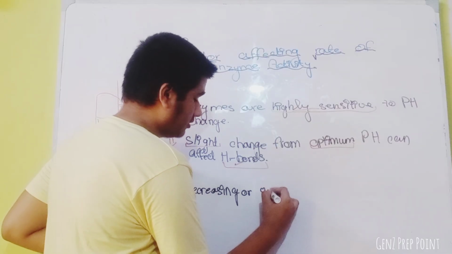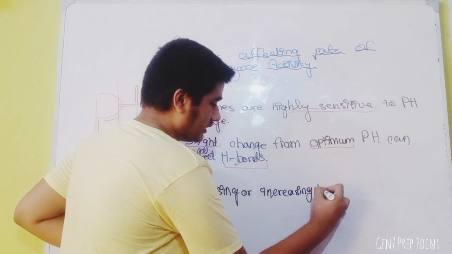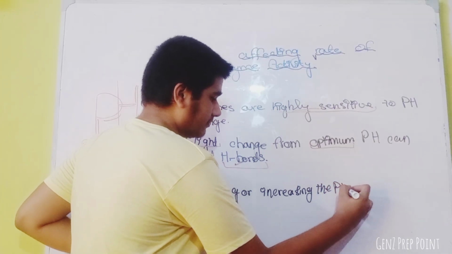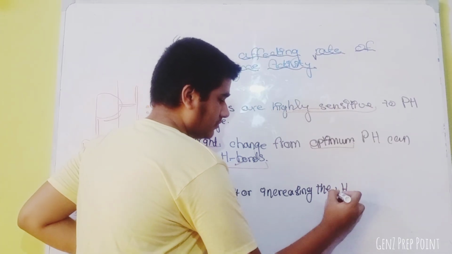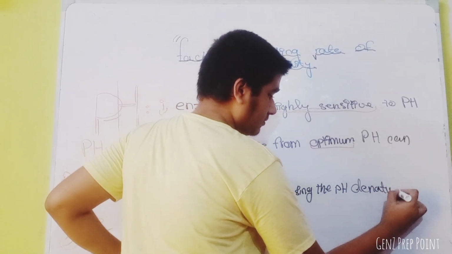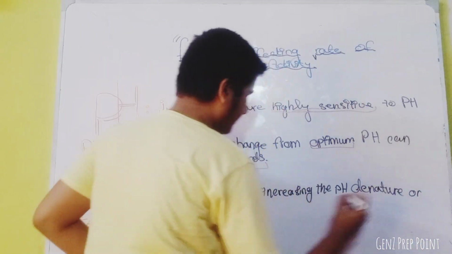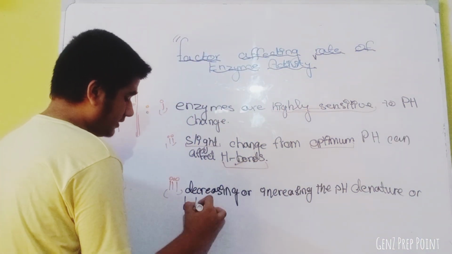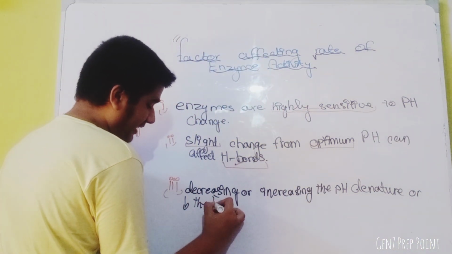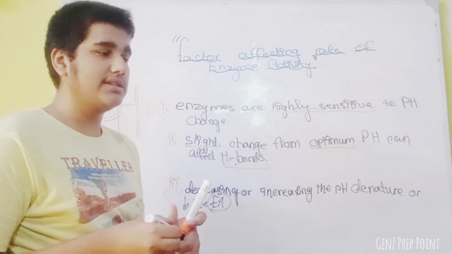Decreasing or increasing the pH denatures or decreases the enzyme activity. So what do I mean by EA? EA is just a short form for enzyme activity.